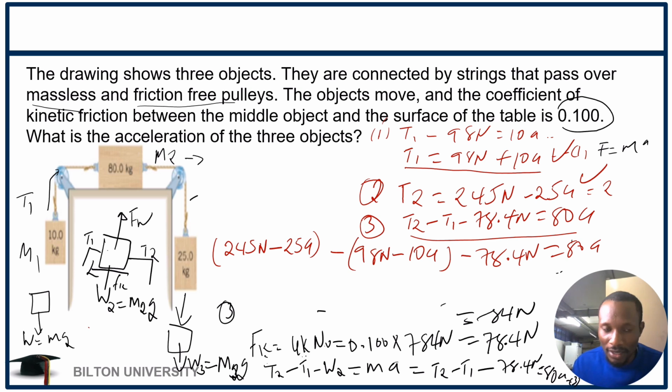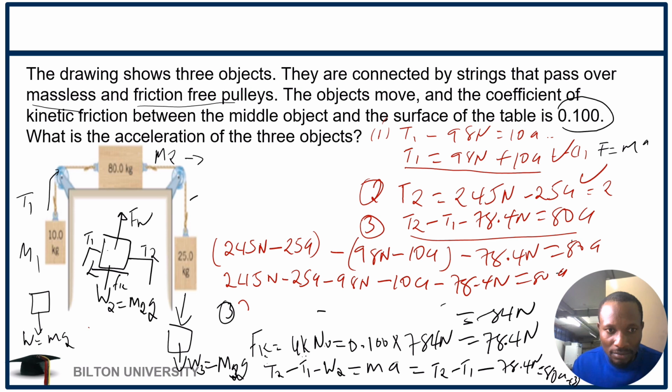So from here we can collect the like terms. We say 245 Newton minus 25A minus 98 Newton minus 10A minus 78.4 Newton is equal to 80A.